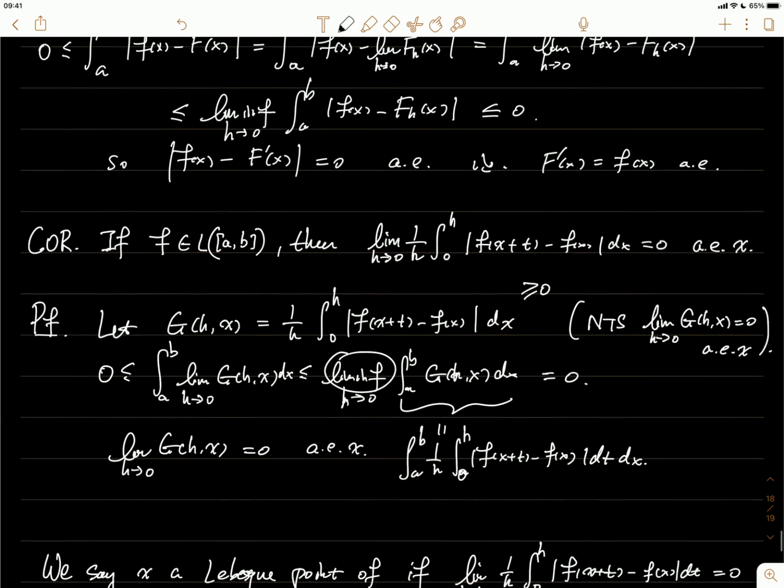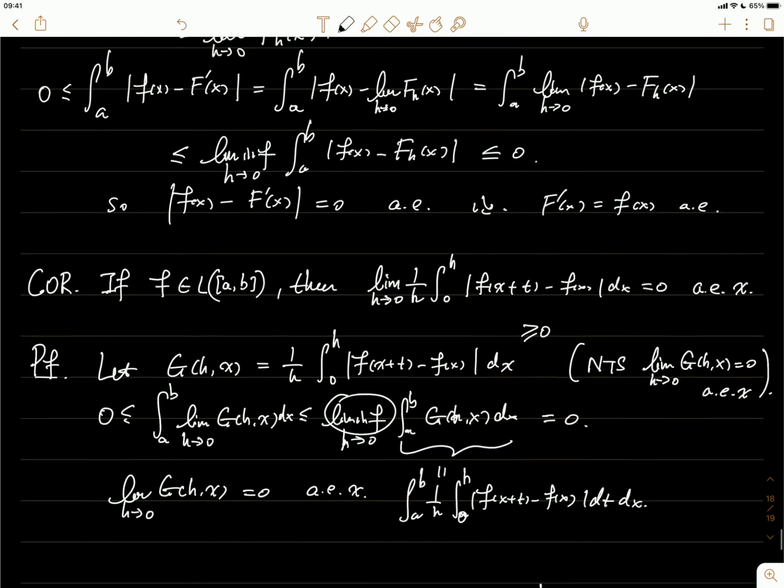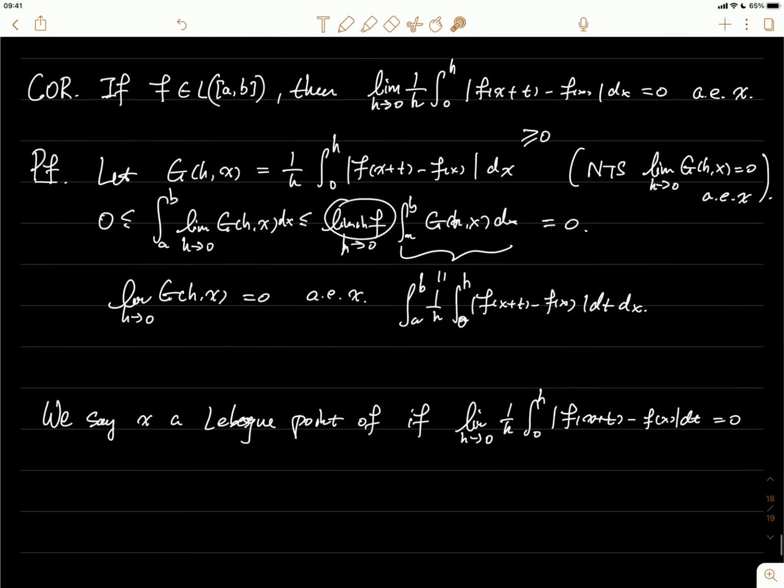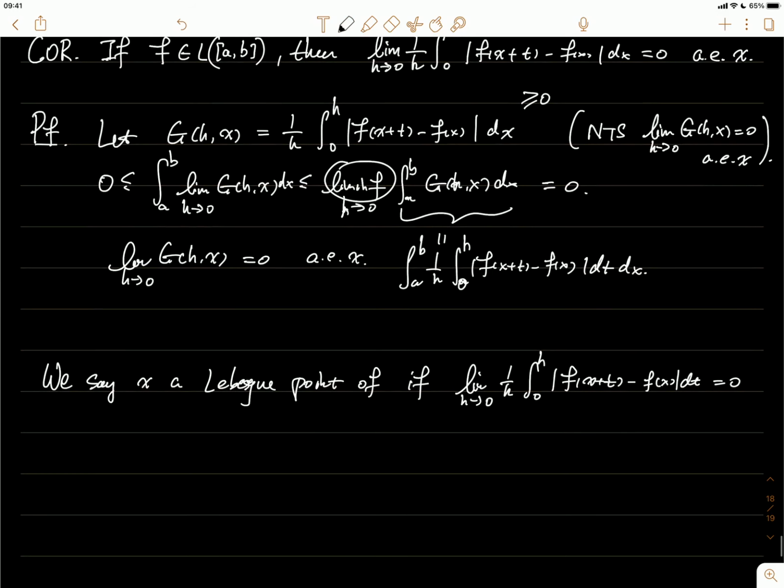Okay, and what we show here is that, since this is equal to 0 for almost every x, if f is integrable, then for almost every x over the interval, x is a Lebesgue point. So the Lebesgue points are almost everywhere over the interval.